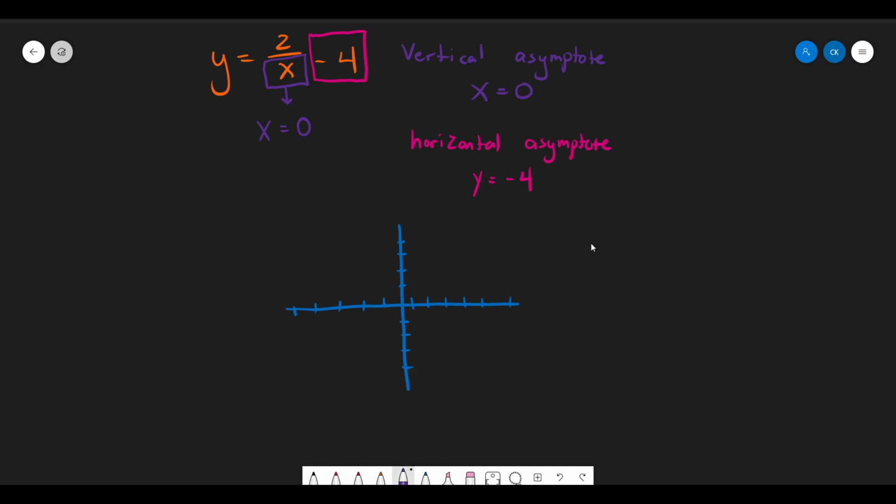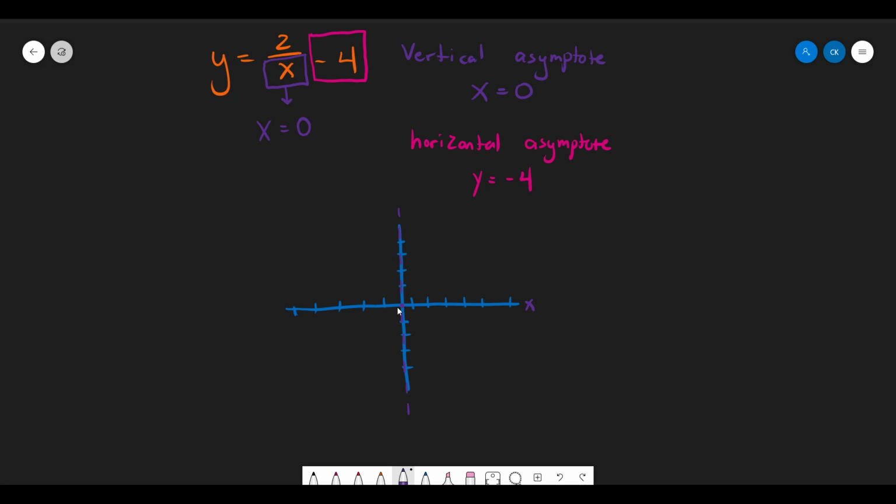So where x is equal to 0, remember, this is my x-axis. So I'm going to go to where x is equal to 0, which is right here. All right, and we know that a vertical line is an up and down line. So at the point x equals 0, I'm going to make a dotted line going up and down. I know it may be a little hard to see, but hopefully you can see that.